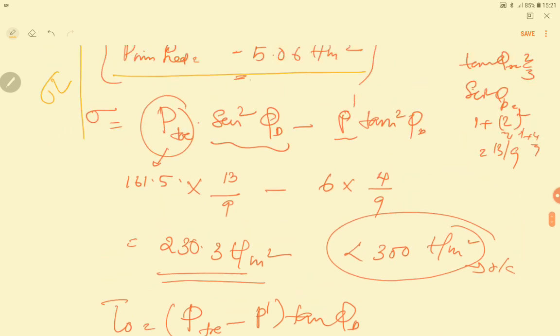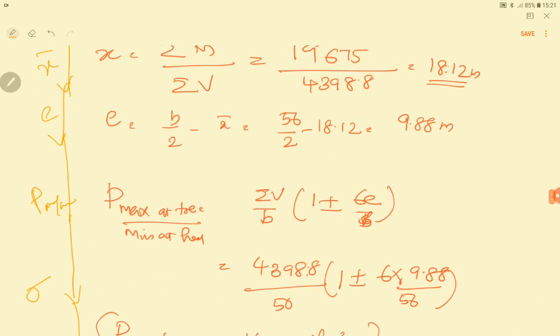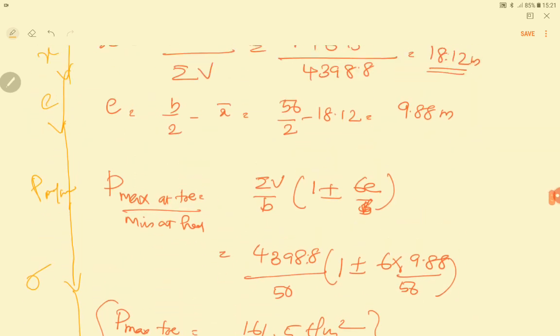You have the basic equations. You have four equations to study. The first equation is x bar is equal to sigma M by sigma V. The second equation is E is equal to B by 2 minus x bar.